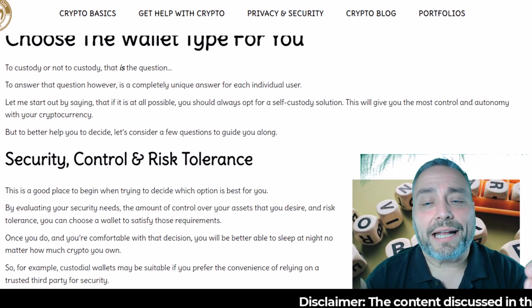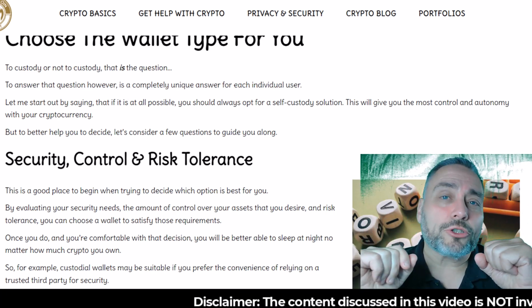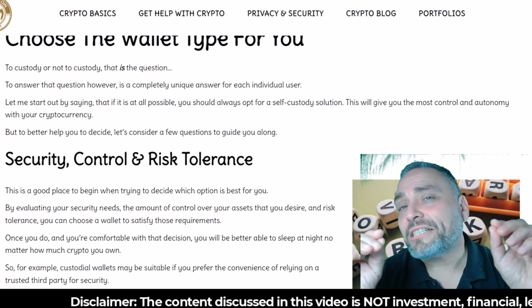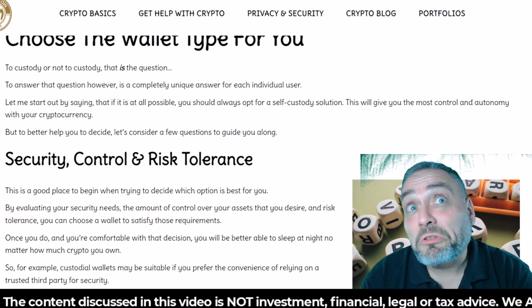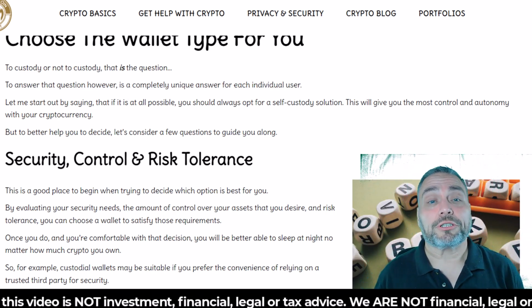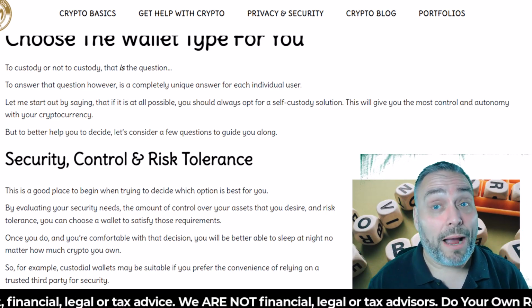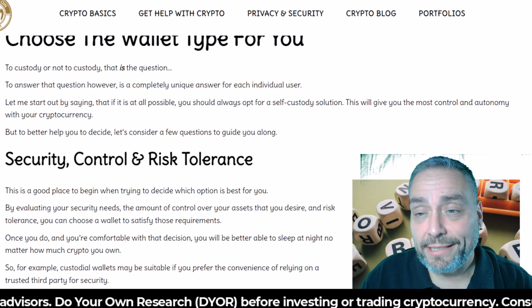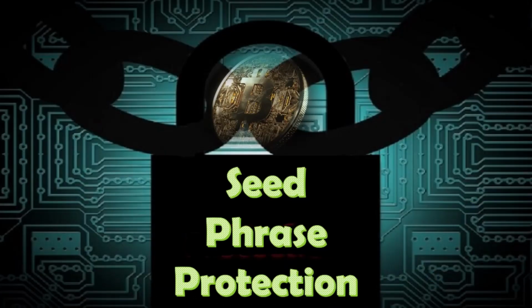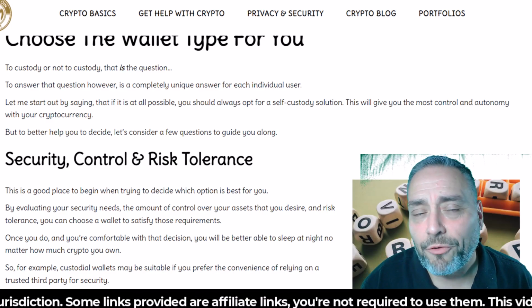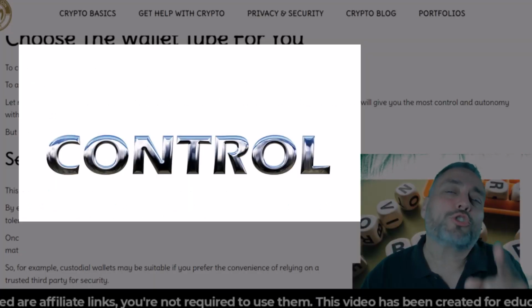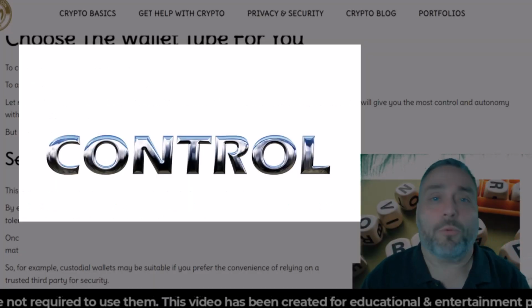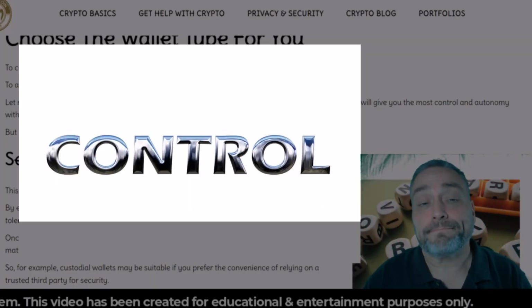You have to decide if you think you can take better control of your private keys and secure them better than a third-party provider, like an exchange. And done properly, you can. So again, what level of risk are you willing to take? How much security can you provide for yourself? Or do you need somebody else to do that for you? And finally, how much control do you actually want to have over your cryptocurrency?